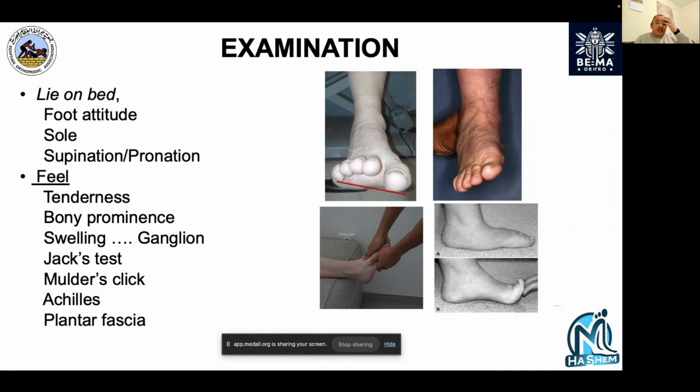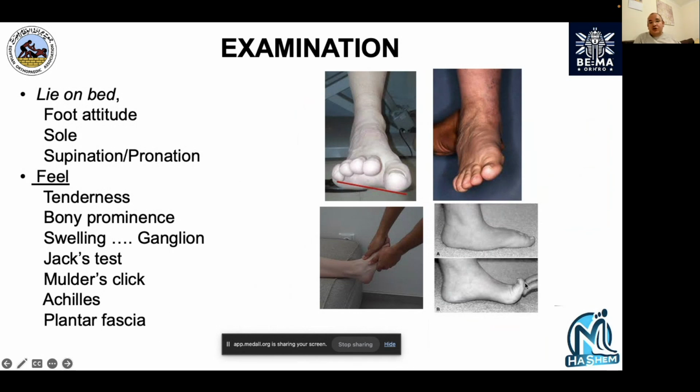So you feel for any tenderness, for any bony prominence, you feel for any swelling. Then you do a Jack's test, and Jack's test is actually testing the windlass action of the plantar fascia we explained before. Plantar fascia is attached from the posterior tuberosity here along the central band and the two medial and lateral bands across the MTP to the plantar plate of the toe.